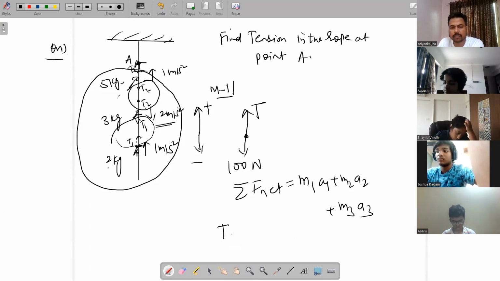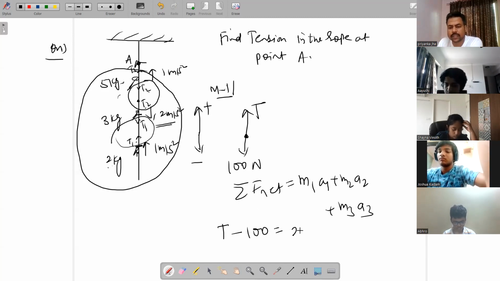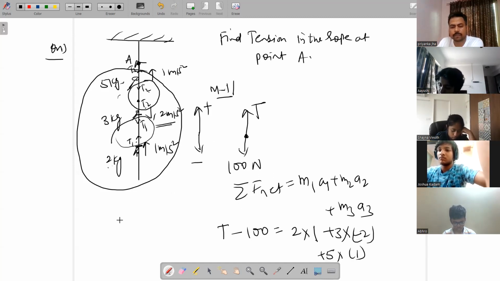So T minus 100. T is going up, so plus, 100 is directed down, so it is negative. M1, suppose 2 kg, its acceleration is upward, so plus 1. M2, that is 3, its acceleration is downward, so minus 2, plus M3, that is 5, into its acceleration is 1, so plus 1.